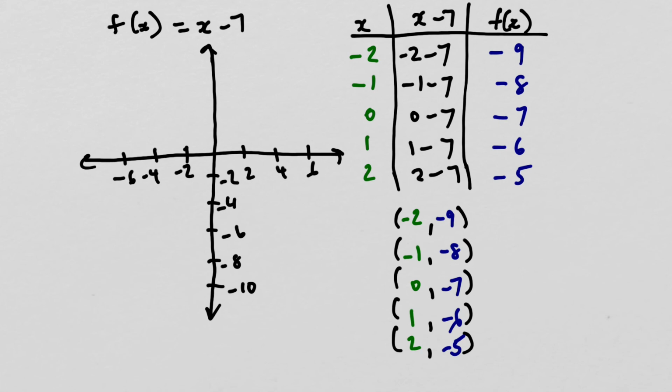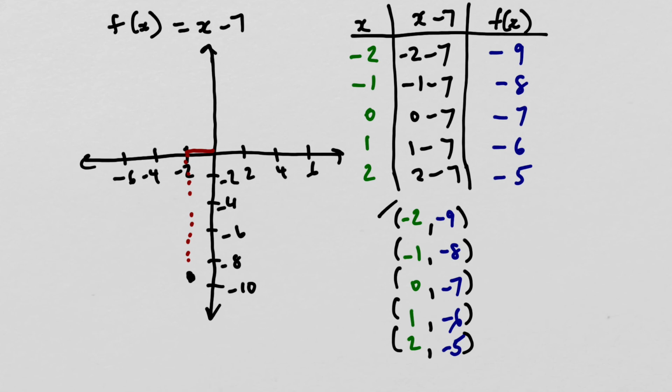Okay, so my first coordinate right here, -2, -9. So we're going to go to the -2 on the x-axis, which is right here. Okay, and then we're going to go down to -9. So we're going to plot our first point right here. We'll just use the color black.